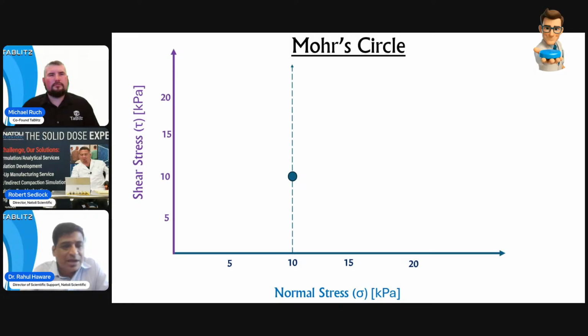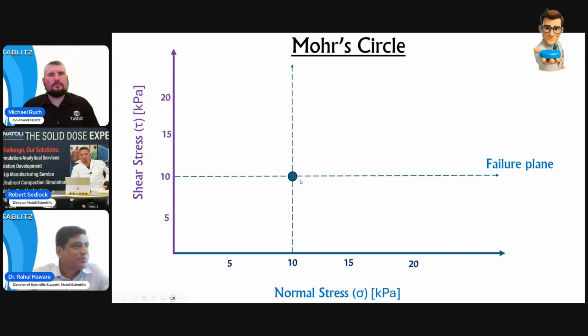And let's assume that I require 10 kilopascal shear stress to disturb that powder cohesion. Therefore, when I'm going in this plane, I have the capability to disturb that powder cohesion. That's why I am calling it a failure plane. Now, what I want to do is make an angle which is passing through the origin, and that is called the failure envelope.